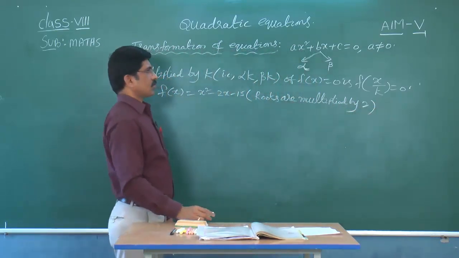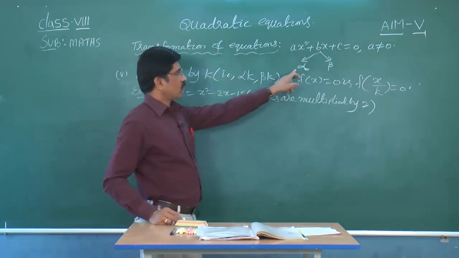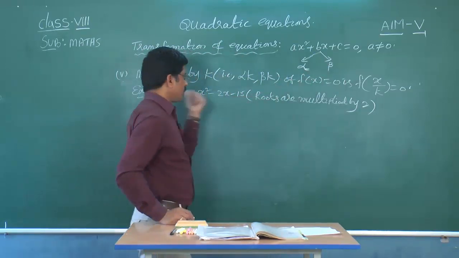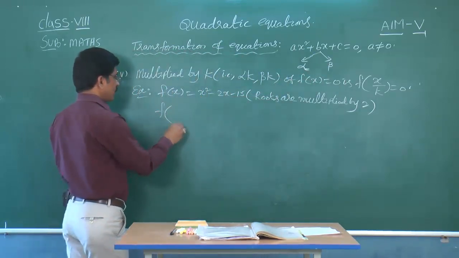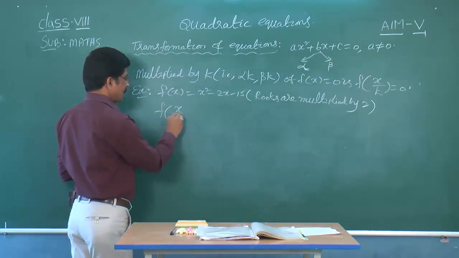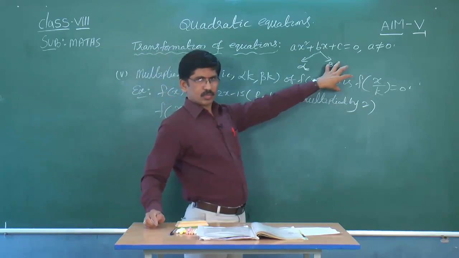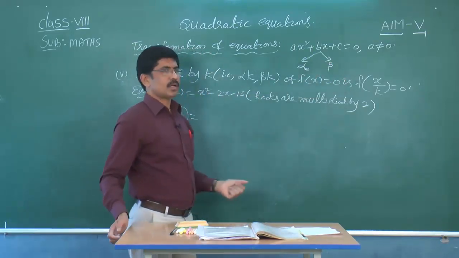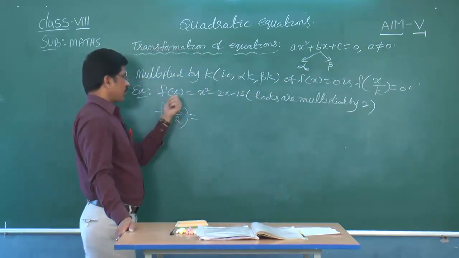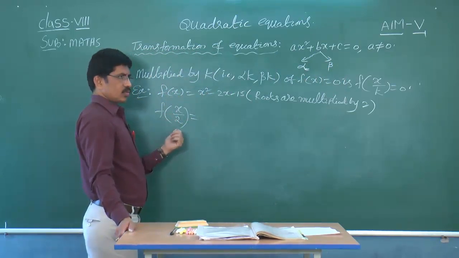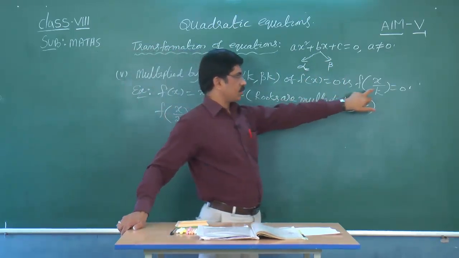We are taking roots multiplied by 2, that is 2 alpha and 2 beta. So the required equation is f of x by 2, with roots 2 alpha, 2 beta, but we are taking the value of x as x by 2 according to the condition.